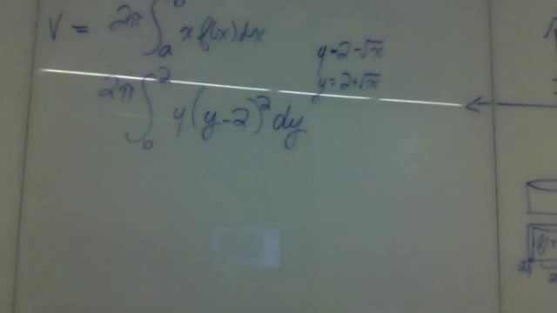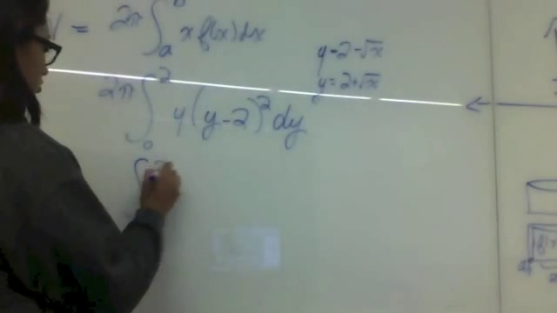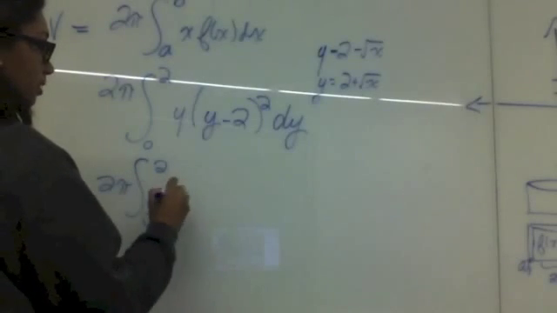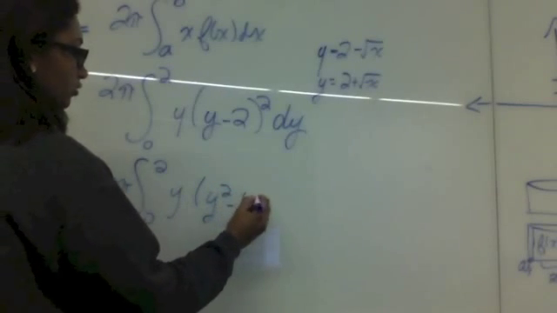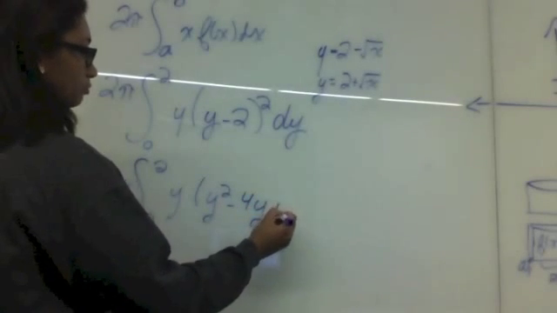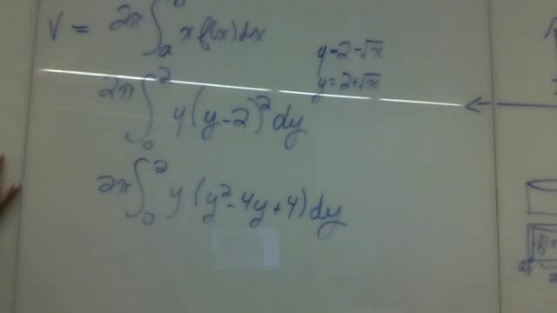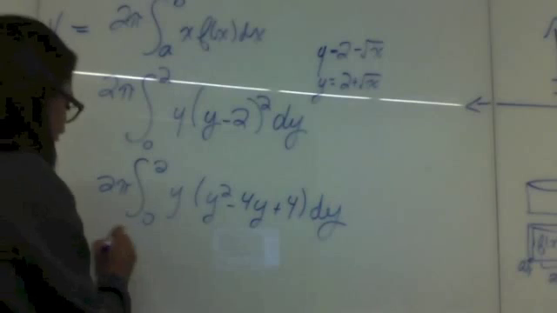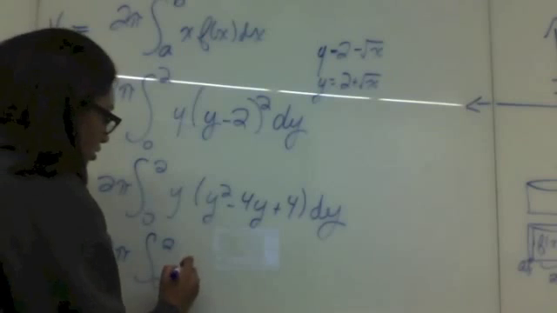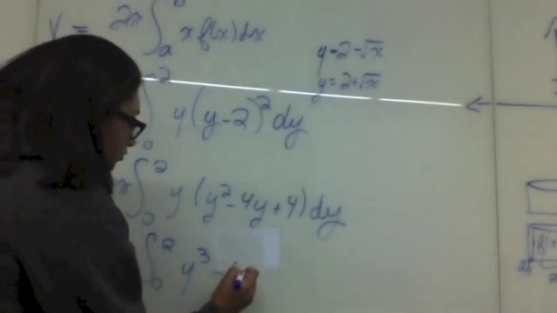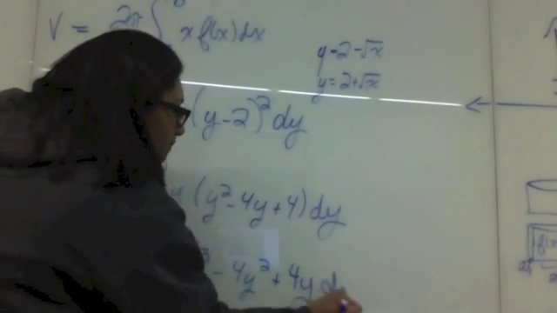And now we just expand. So we're going to multiply this out. Say from 0 to 2, y times (y squared minus 4y plus 4) dy. And then we go further to say 2 pi integral from 0 to 2 of y cubed minus 4y squared plus 4y dy.